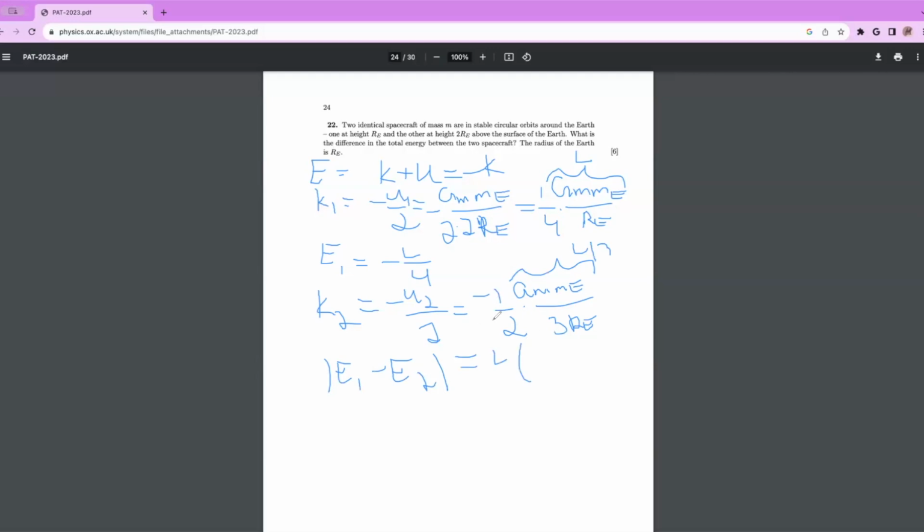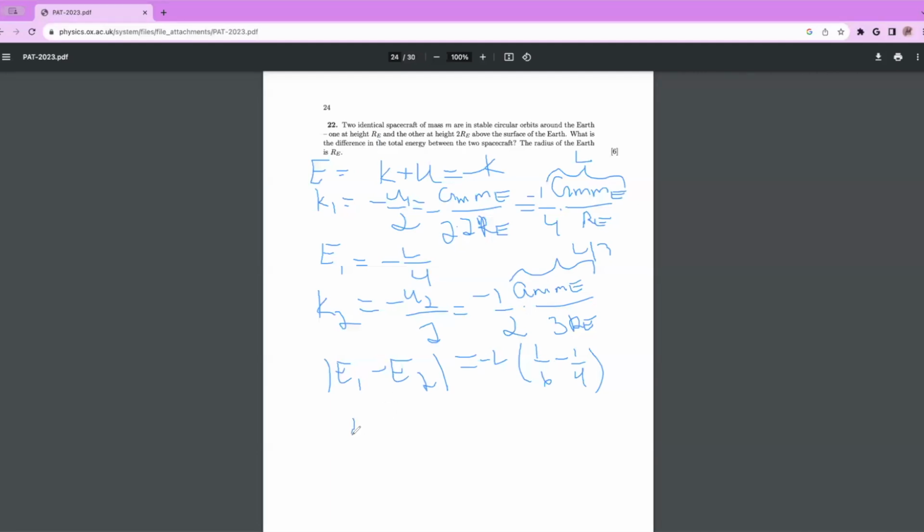What do we get here? We got -1/6 and -1/4. That's basically just 1/6 minus 1/4, or 1/4 minus 1/6. In this case, it's going to be 4 minus 6, so -2 over 24, so -1/12, and the negative of that is 1/12.